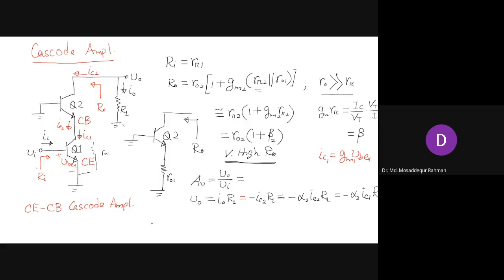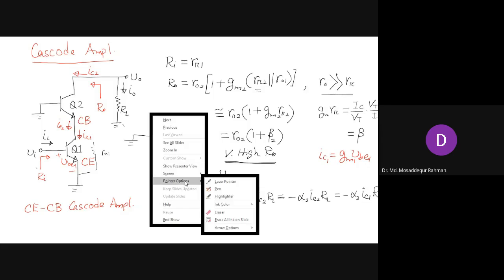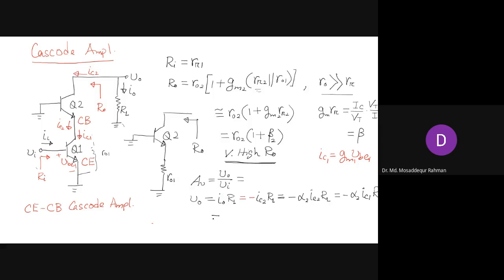Now in the V naught expression we replace IC1 by GM VBE1.